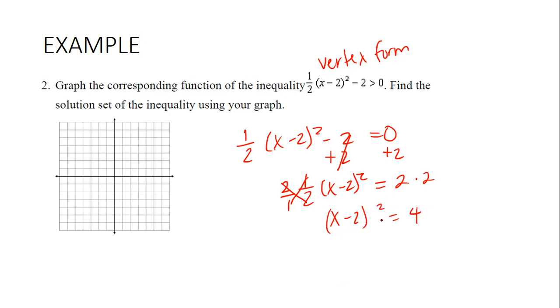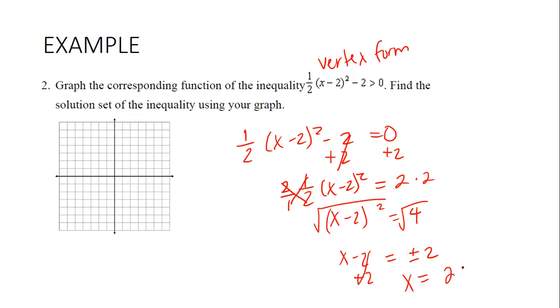How do I get rid of a square? Take the square root. So we have x minus 2 equals plus or minus 2. Why is it plus or minus 2? It could be negative. And then I add 2 to both sides.